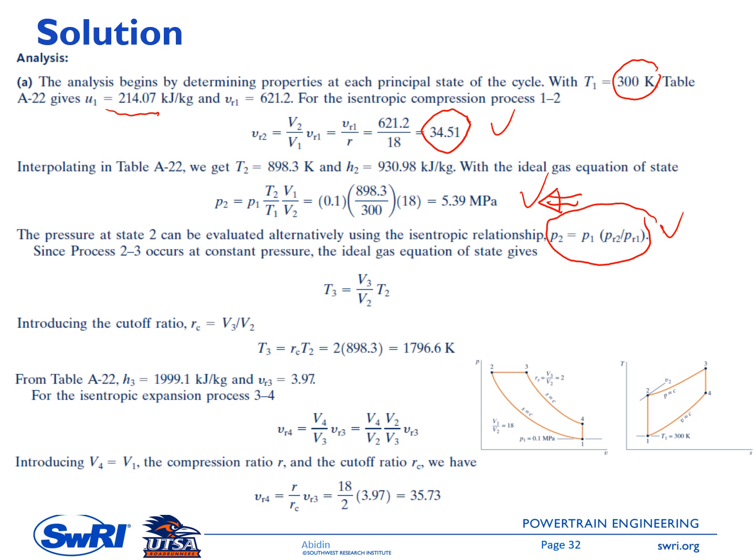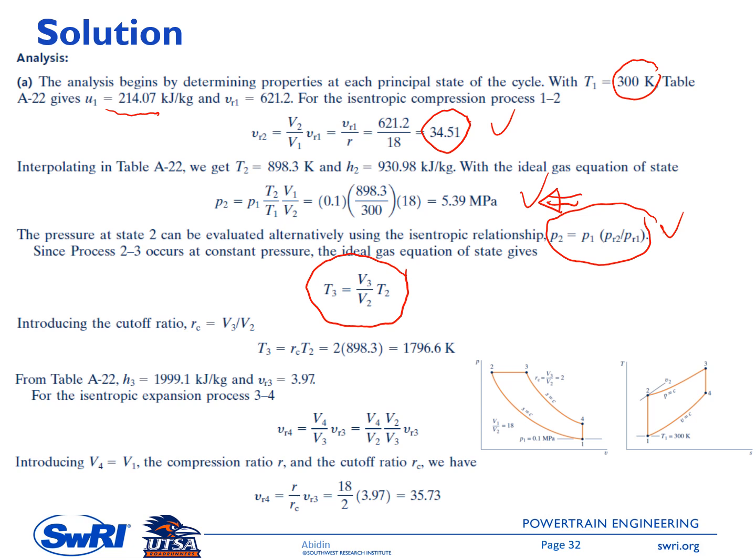And then at point 3, we can apply the ideal gas correlation. In this case, between point 2 and point 3, the pressure is the same. So the pressure parameter will cancel out. So you have only this parameter in the equation.